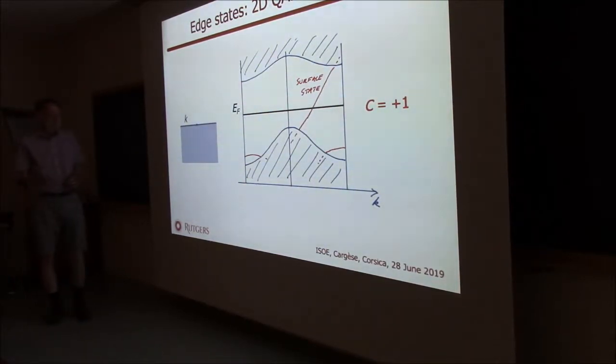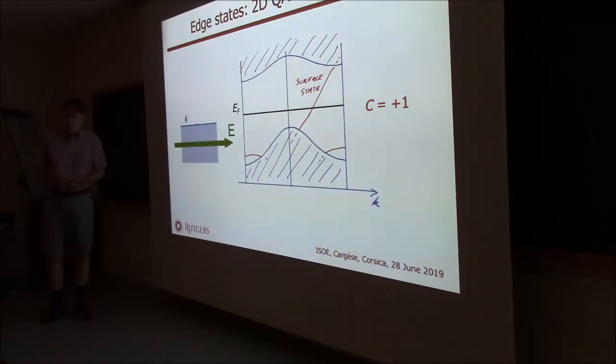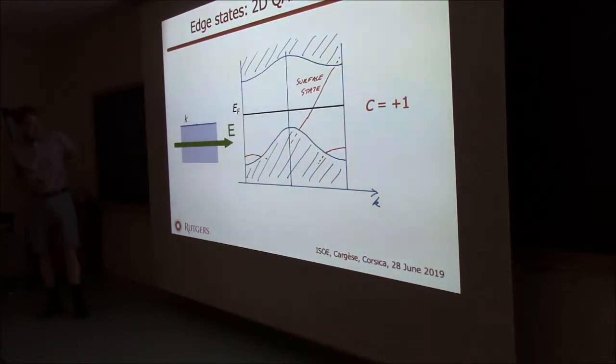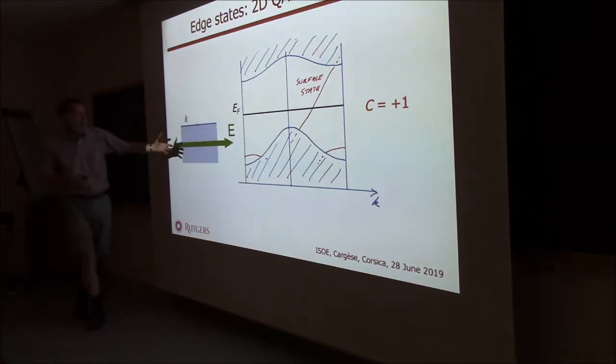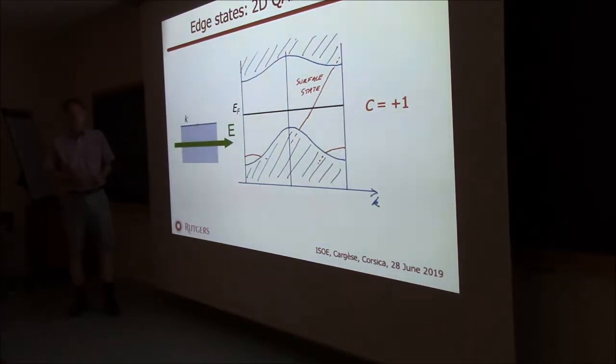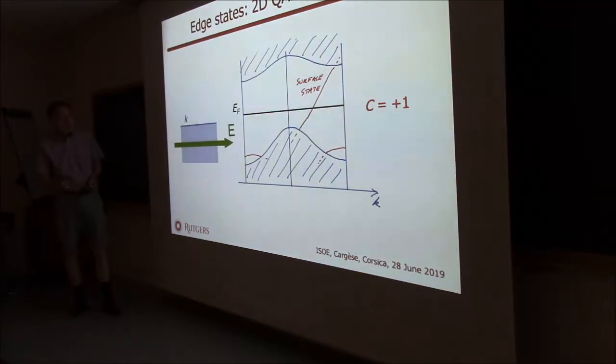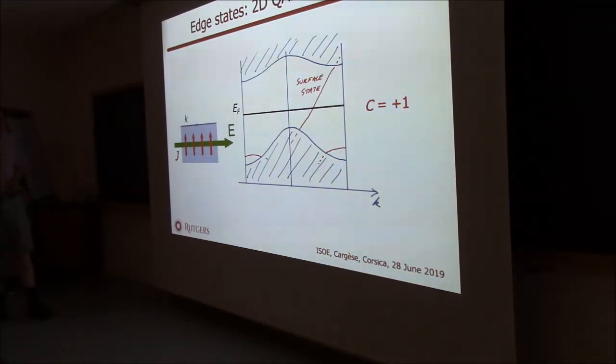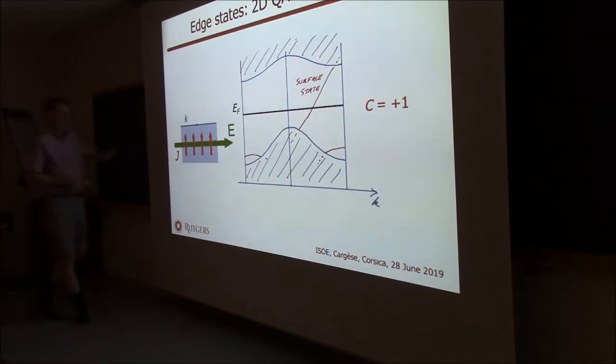And the reason for that, there's a physical connection that goes kind of like this. Suppose I apply a small uniform electric field parallel to the edge of this sample. If there's a non-zero Chern number, then I have this transverse current. I don't know why I called it J instead of K this time, but it's the same thing. It's a transverse current that flows towards the edge.